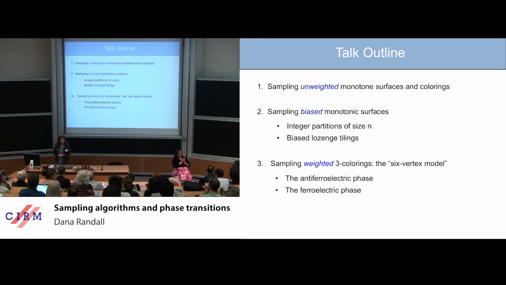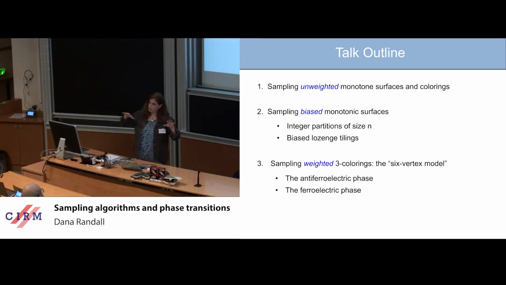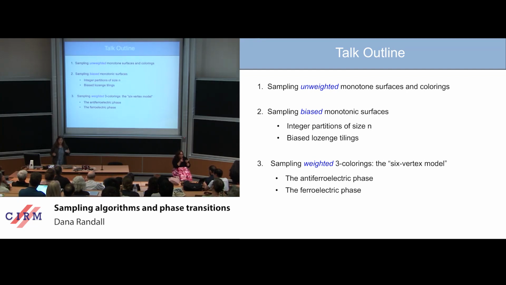I am going to first talk about, for the lozenge tiling model and the path model, how you sample in the unweighted case. So the most natural setting where all colorings, all lozenges, all have equal weight, and I want to sample one uniformly. The second part, I'm going to talk about biased surfaces.